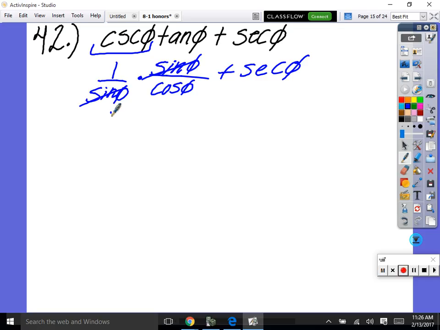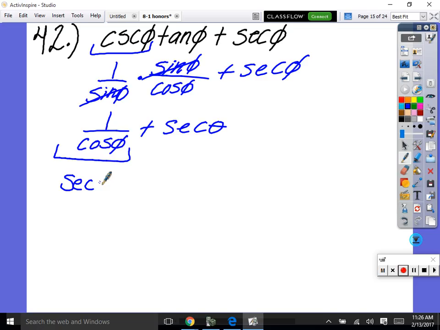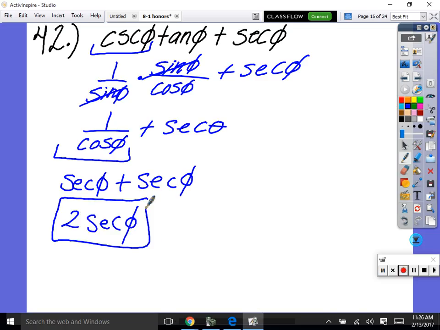So we have 1 over cosine phi plus secant phi, which is the same thing as secant phi? So we have secant phi plus secant phi. I put theta on accident, but you know what I meant. So 2 secant phis. So that's much prettier. So once you get down to like one thing, that's when you know I'm probably good.